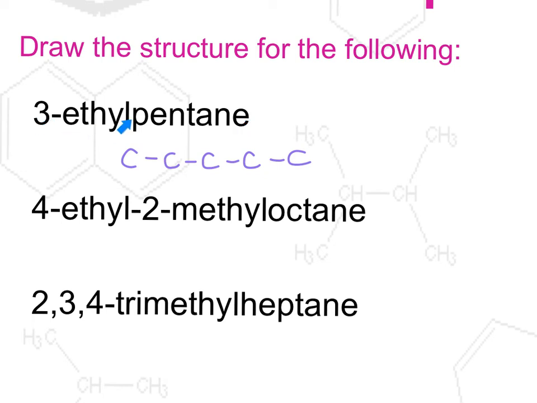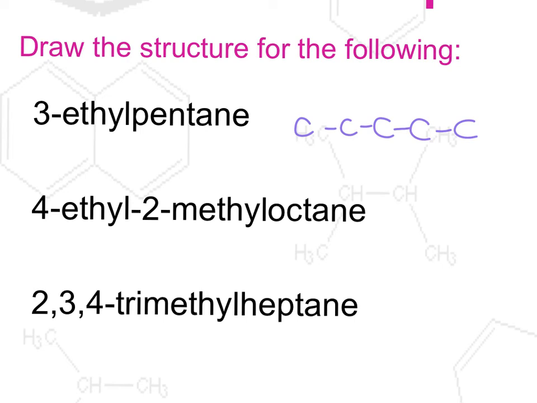Now, this is telling me I have a branch. The branch is an ethyl group, and that ethyl group is coming off of carbon number 3. So I'm going to look here. So I'm going to say 1, 2, 3. So this carbon has a branch coming off of it. So I'm going to go ahead and draw it a little bit farther out here so I have more room. 1, 2, 3, 4, 5.